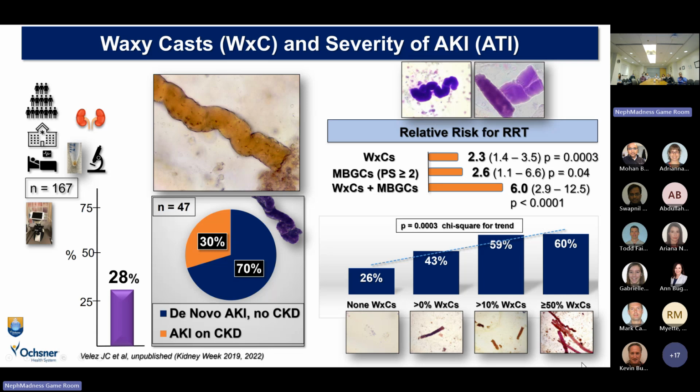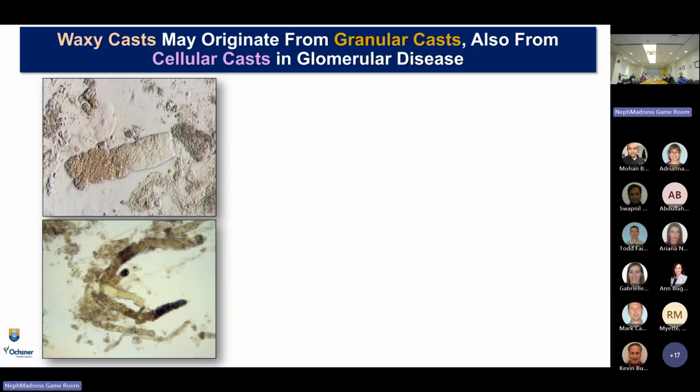And also the abundance of waxy cast was correlated with the risk, as you can see here in this chi-square for trend. So waxy casts are not only present in ATN and AKI, but maybe also an indication of severity. So not necessarily just chronic renal failure.